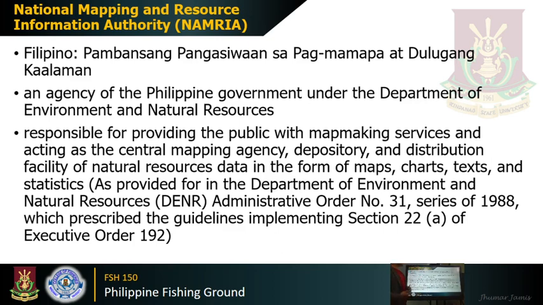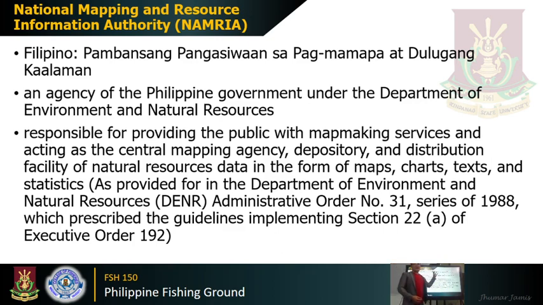Sila yung nagbibigay ng mga bathymetric maps, bathymetric charts, hydrographic charts, etc. It is an agency of the Philippine government under the DENR, responsible for providing the public with mapping services and acting as the central mapping agency, depository, and distribution facility of natural resources data in the form of maps, charts, texts, and statistics, according to Administrative Order Number 31, Series of 1988.